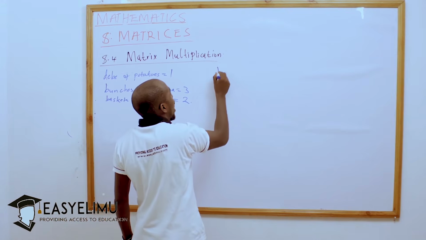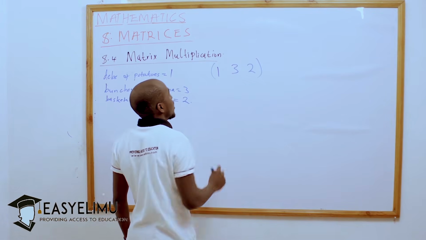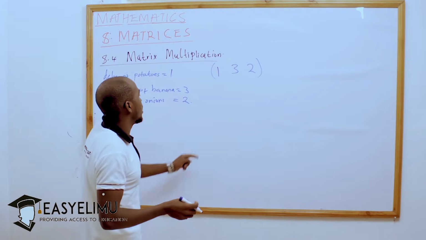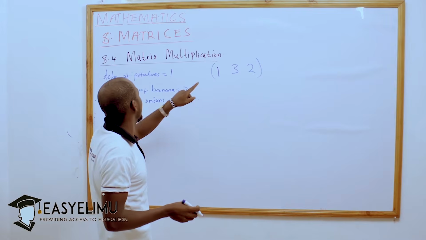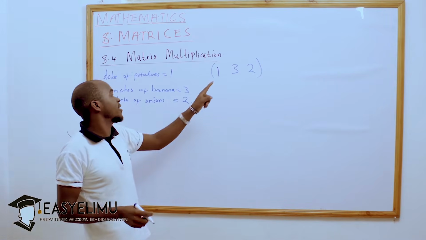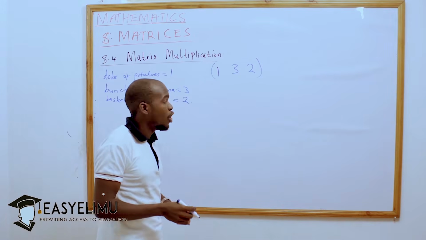So it will be 1, 3, 2. And with this matrix, it is a row matrix whereby the first entry represents the debe of potatoes, the next is the bunches of bananas, and the other one is baskets of onions.